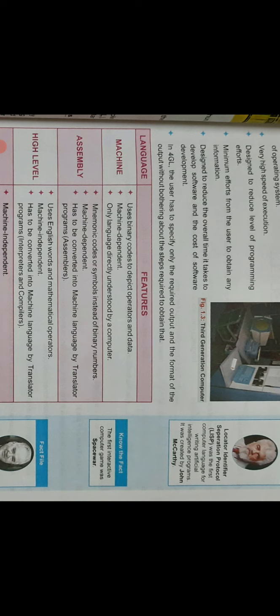So, an interpreter converts a high level language program into machine language line by line. Next, number 3. The program converted into machine language by the translator is called object program. What are the options? Source program, object program, assembler. And the answer is object program.